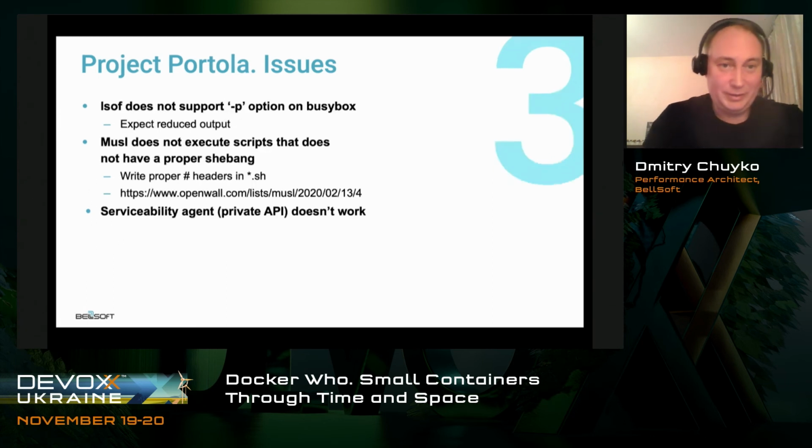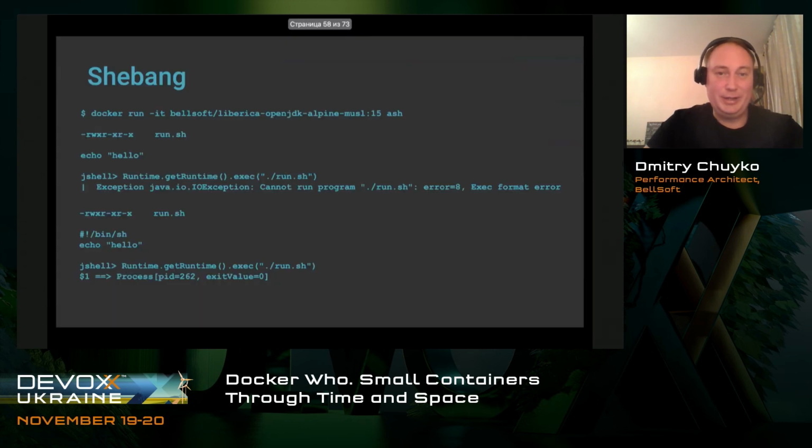So, as I mentioned, BusyBox sometimes performs strangely, but that's because it only corresponds to a standard. So sometimes you may miss a flag, for example. Don't forget to put shebangs in your scripts. We'll look at the simplest example. And the serviceability agent, again, we'll look at it right now.